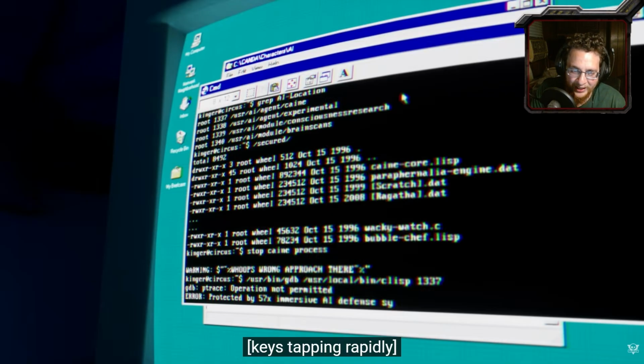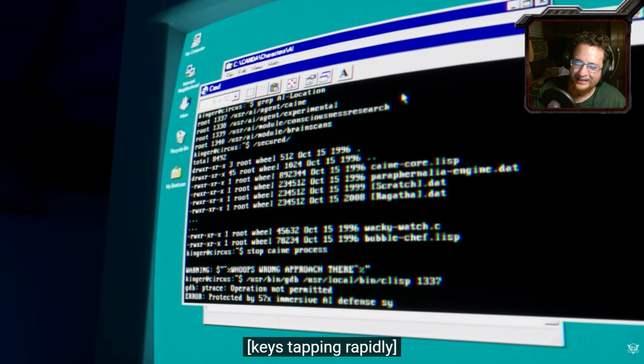But anyway, down here you can see that Kinger puts in stop Kane process, and then there's a warning, whoops, wrong approach there. And that obviously sounds like something Kane is involved with, because of the showman way you can say that, like, whoops, wrong approach there.